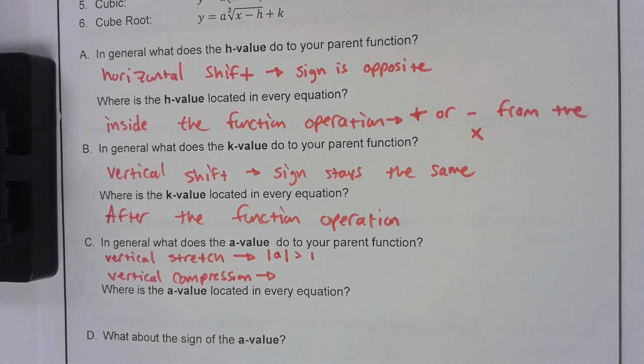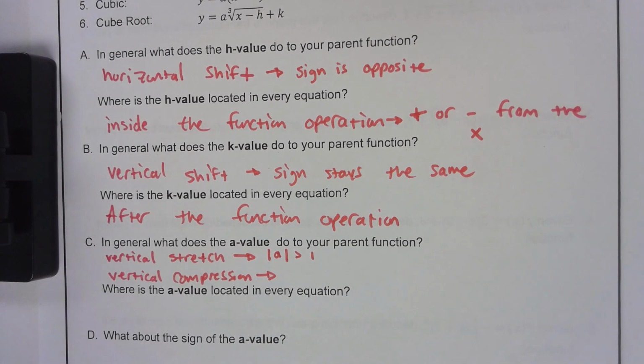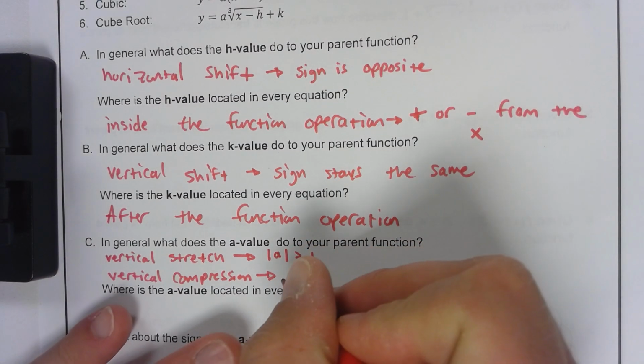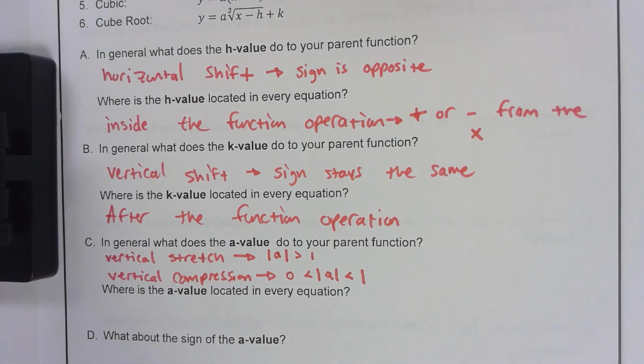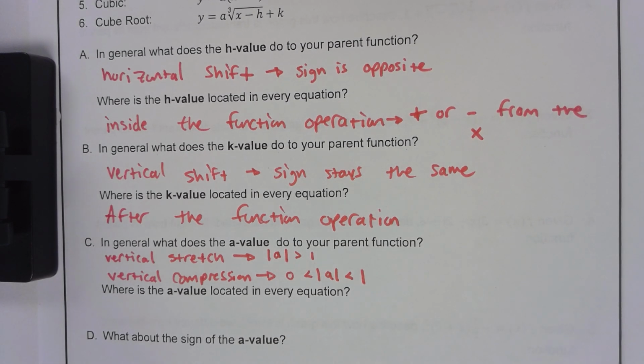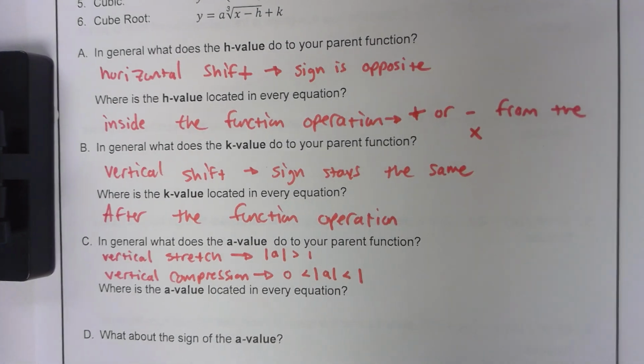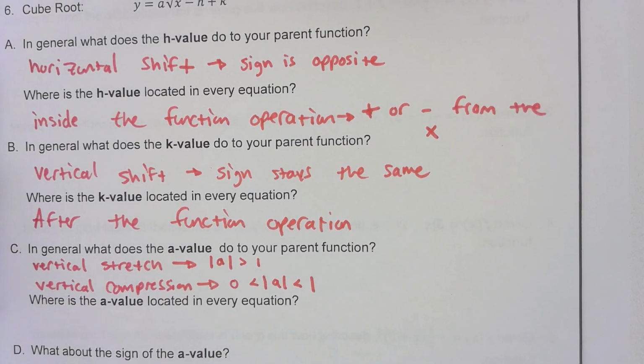So if we see an a value that's anything other than 1, it's either being stretched or it's being compressed. And it's compressed when the absolute value of a is between 0 and 1. So basically a fancy way of saying a decimal that's smaller than 1, or a fraction that's smaller than 1.